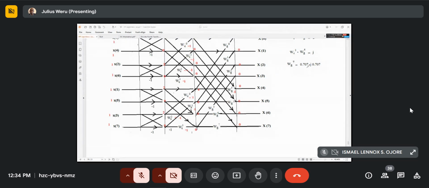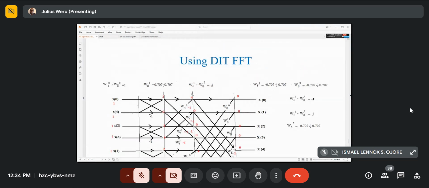Well, you can use it, but you are going to find that when you do this, you are doing fewer multiplications. This is a bit simple because it is 1, 1, 1. Of course, if it wasn't 1, 1, 1, you'd have to deal with these complex powers of Wn.